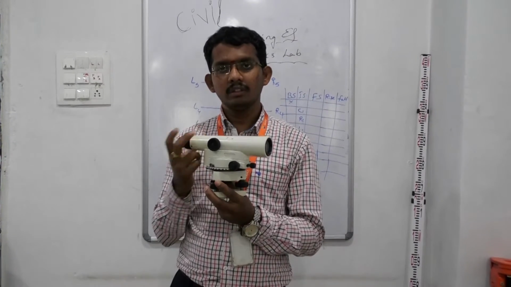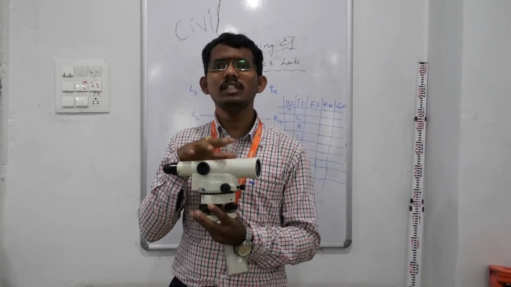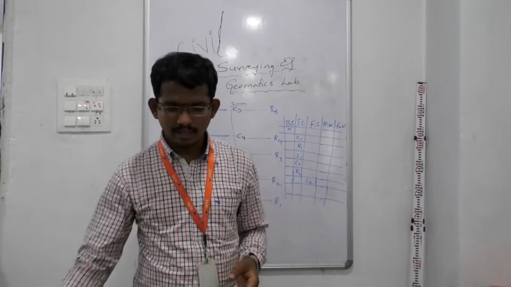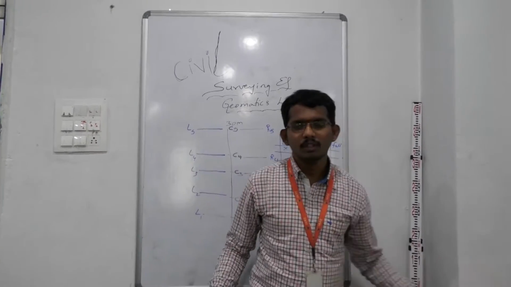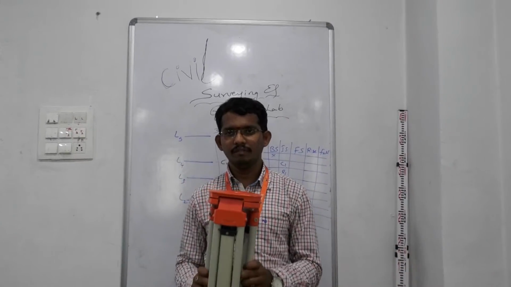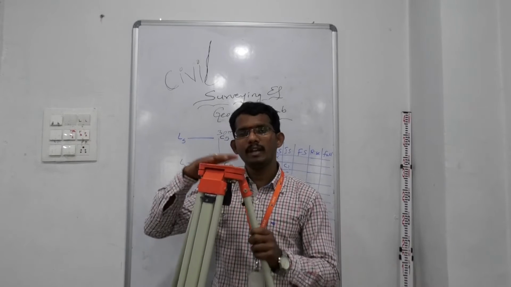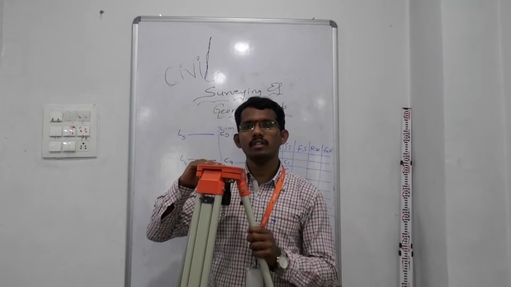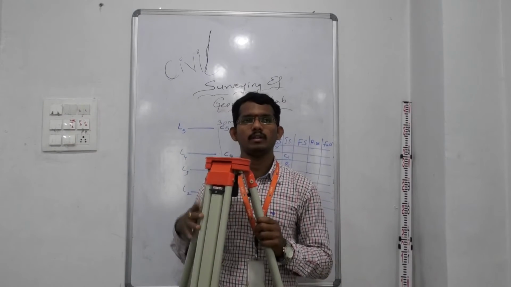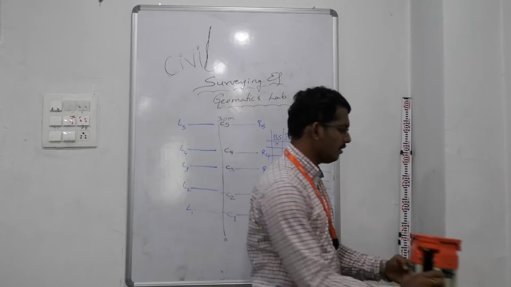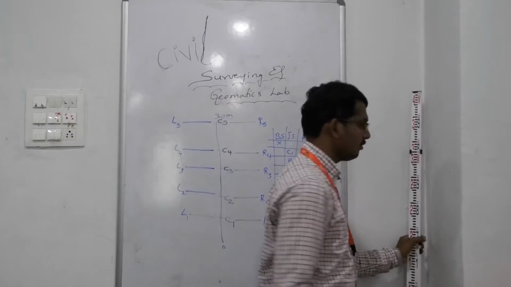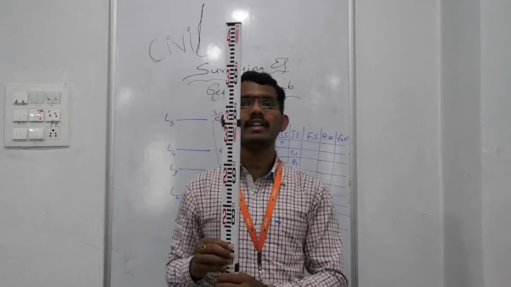This device is fixed on a tripod stand as shown here. This is a tripod stand on which we fix the dumpy level at the top of the stand, with the leveling part. And after fixing on the tripod stand, we have the instrument called leveling staff.